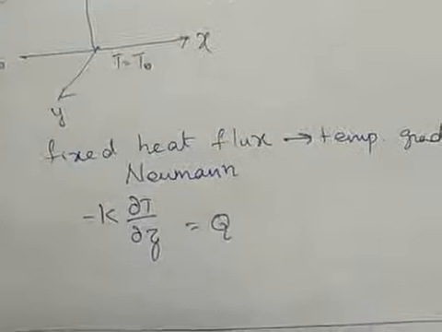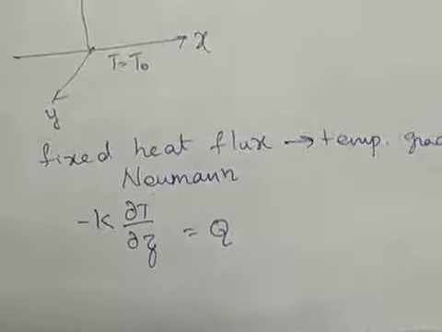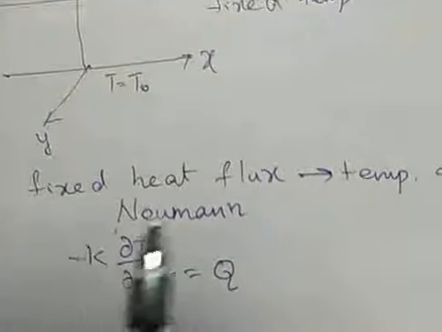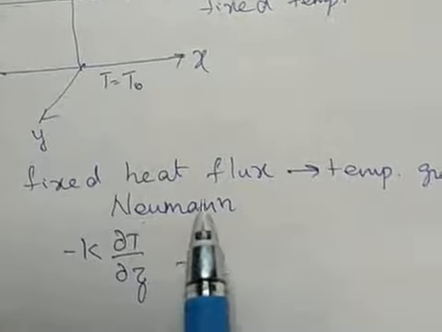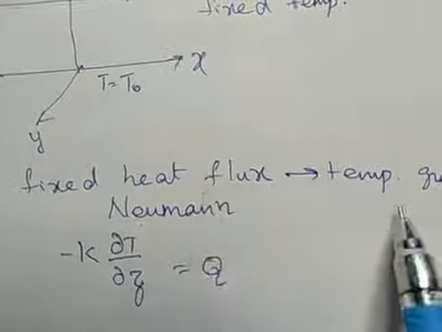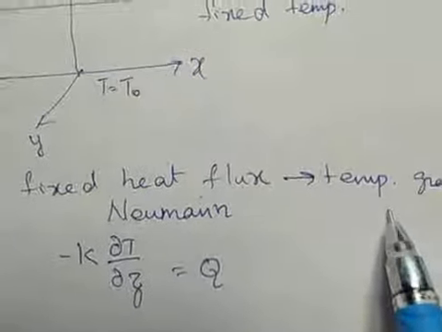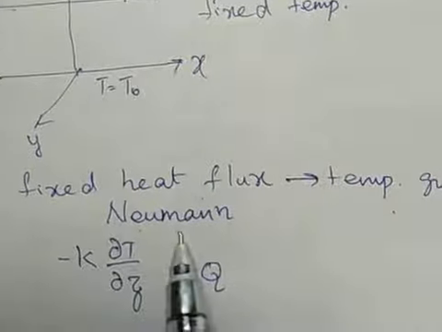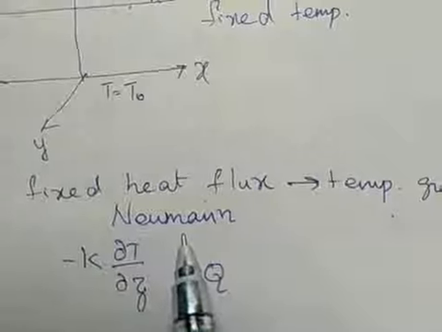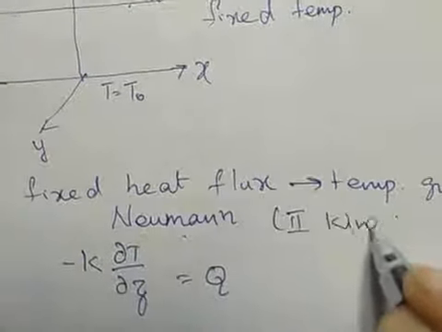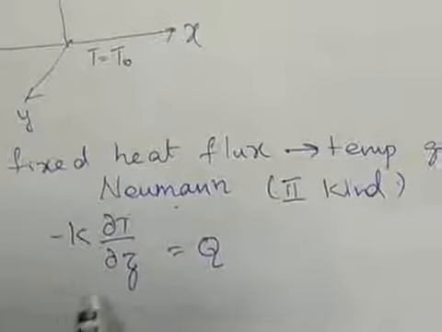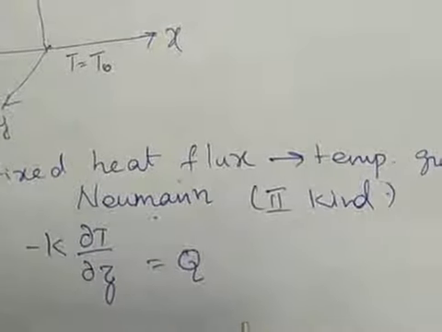So the condition corresponds to existence of fixed or constant heat flux at the surface, and this heat flux is related to temperature gradient at the surface, is known as Neumann boundary condition or boundary condition of second kind, and it is given by minus k ∂T/∂z equal to q.